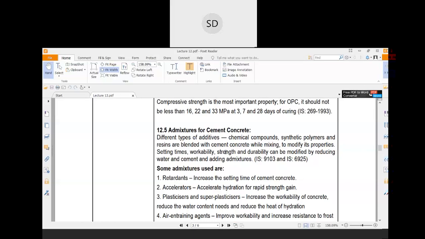Whenever you add those admixtures, the workability of the mass will increase, but the water cement ratio will remain the same. So you will get sufficient strength of the cement concrete mix, and the workability of the mix will also be higher.